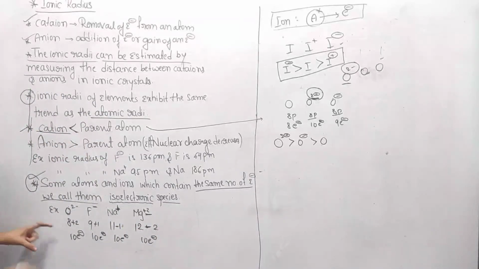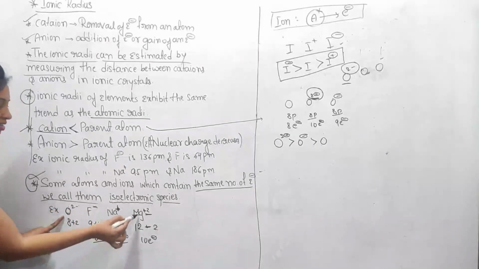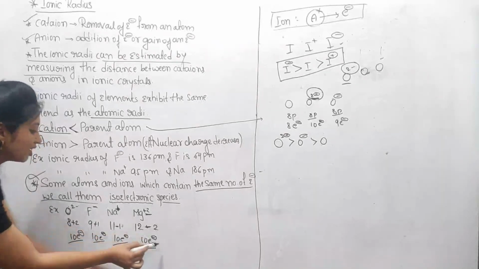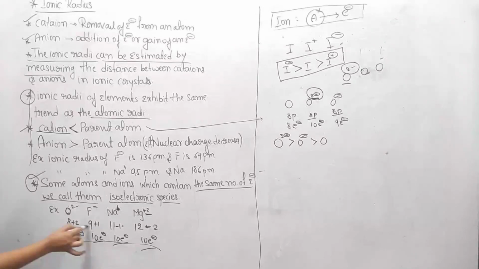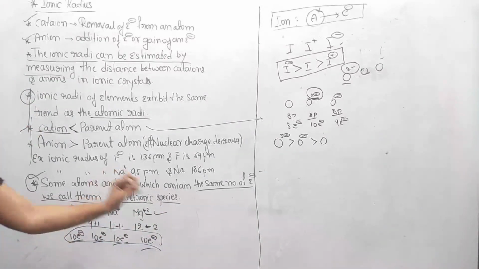Just observe, guys, in O2 minus 10 electrons, F minus 10 electrons, Na plus 10 electrons, Mg2 plus 10 electrons. These are different species, but we have the same number of electrons. So these species are called isoelectronic species.